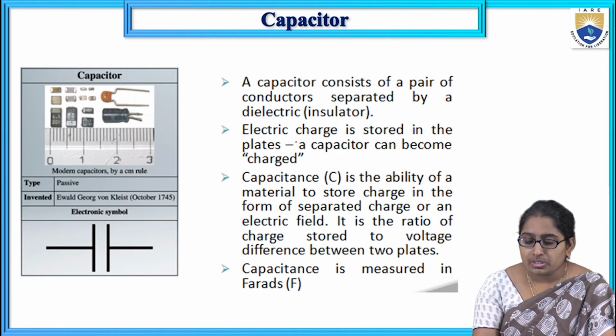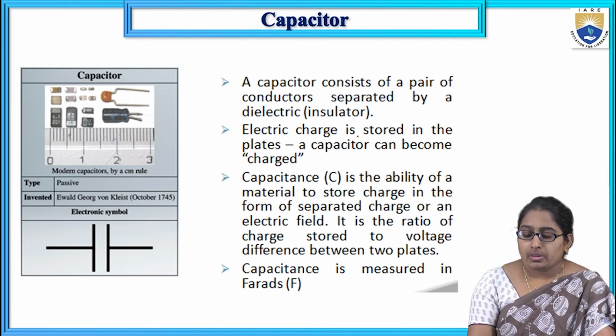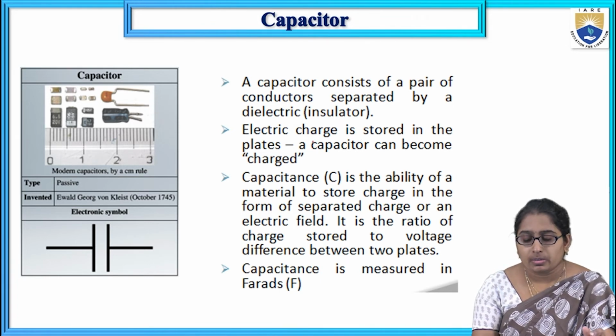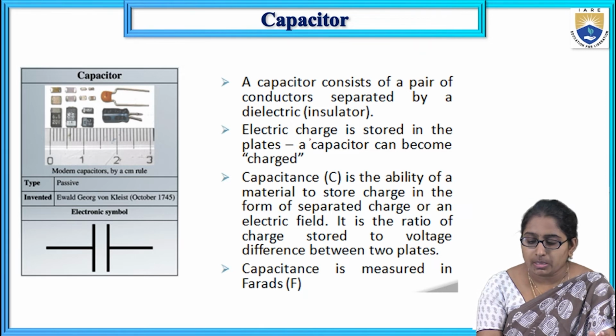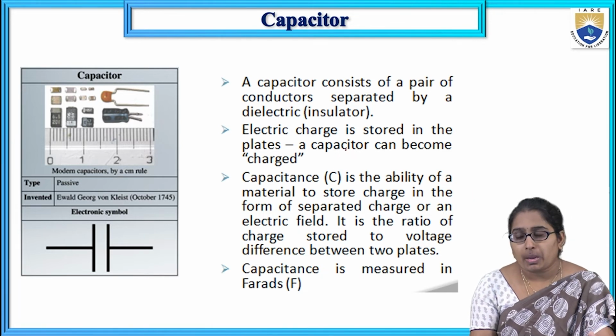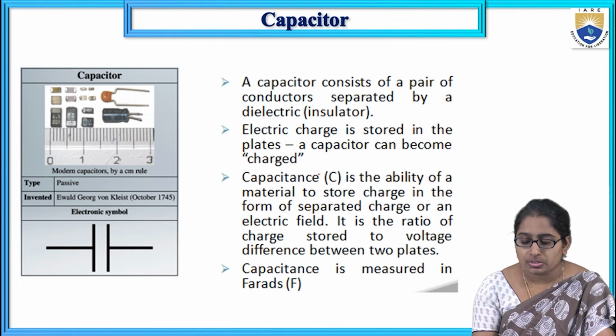Electric charge is stored in the plates and the capacitor becomes charged. So charge is stored in the conductors, which means plates, conductor plates or electrodes, so the capacitor can become charged.